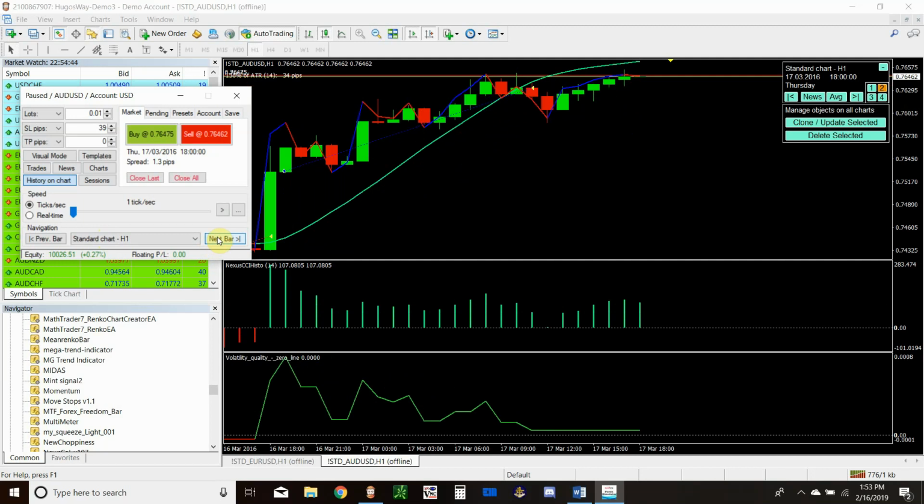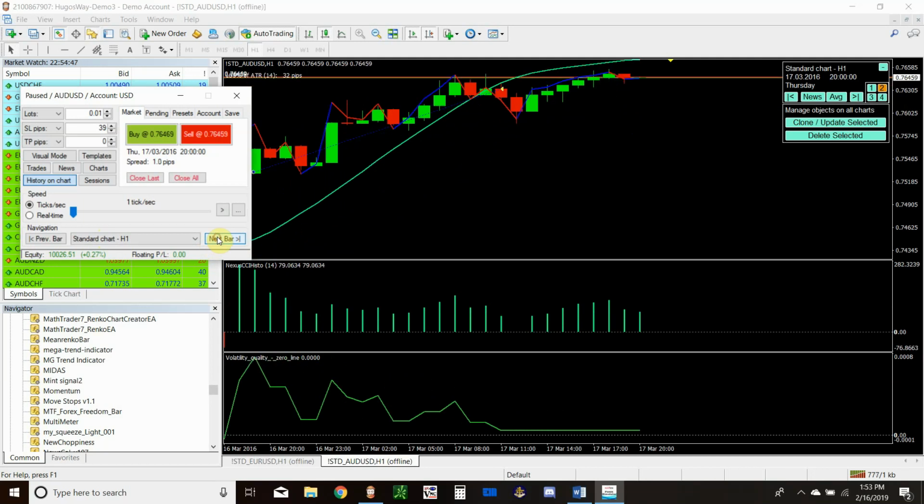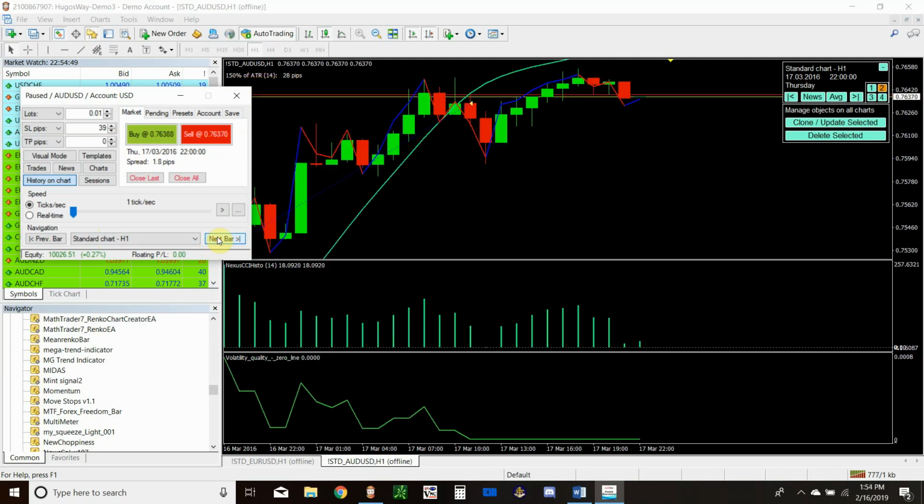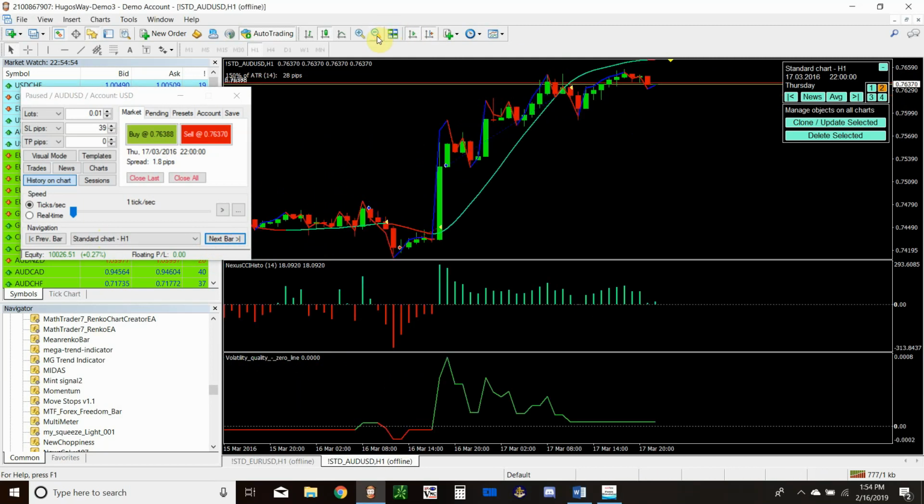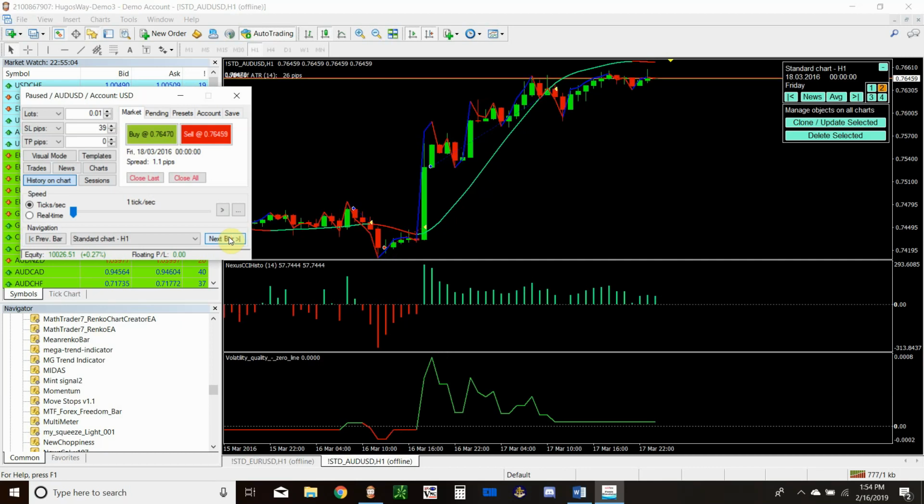We're going back up to green though. Okay, I can't see. There we go. Okay, so we've got red here. We've got crossover here. We're still green on our other indicators though.